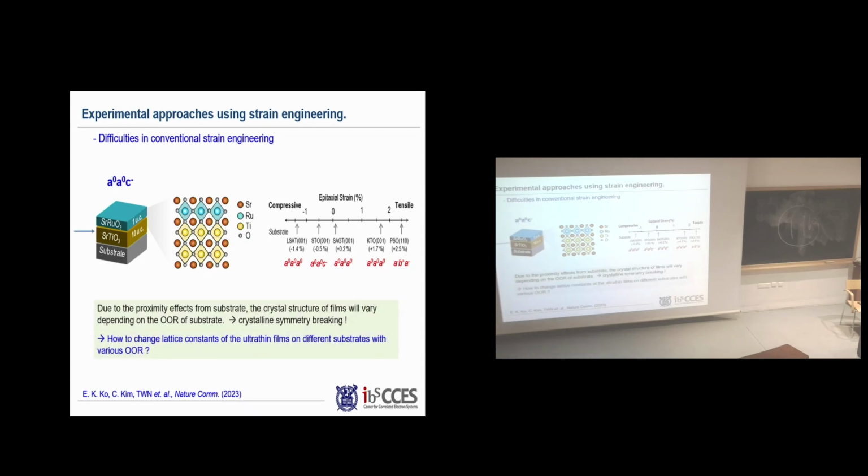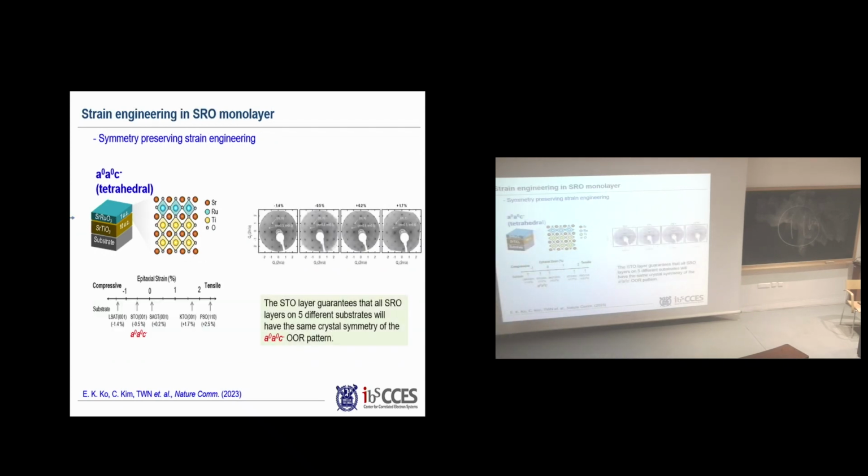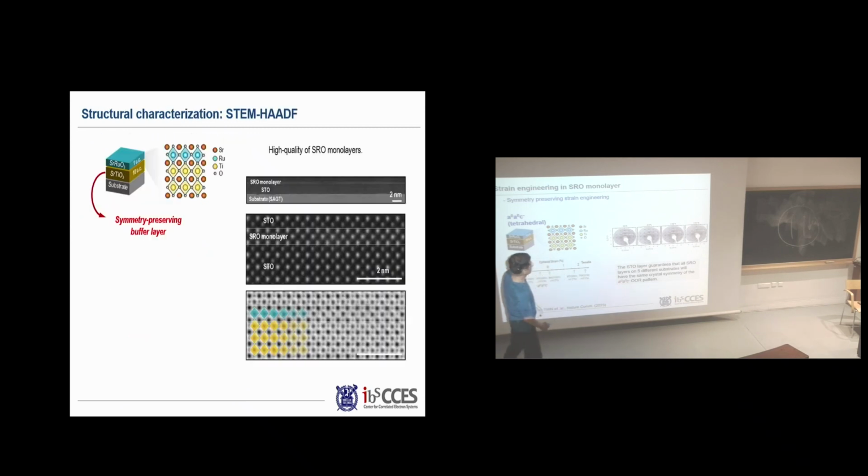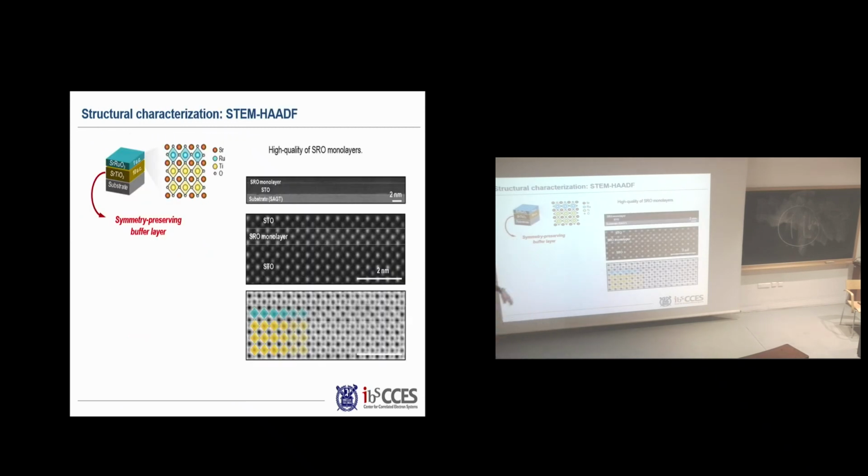So we all try to grow. This layer will have this a0 a0 c- rotation. So what we first did is look at the RHEED pattern. We look at the reconstruction, and see that there is no change in reconstruction on different kinds of substrates. So the symmetry is pretty much the same. And also we look under the TEM.